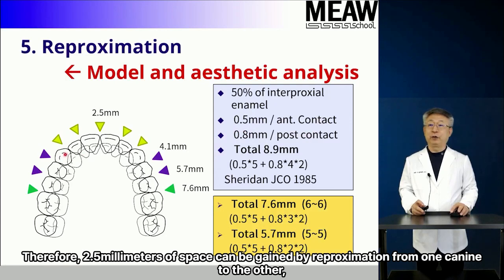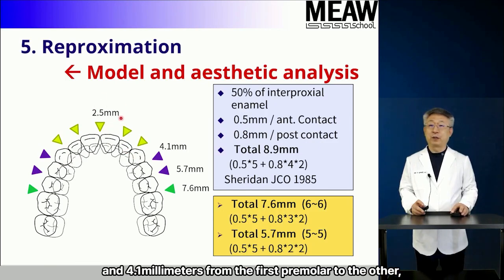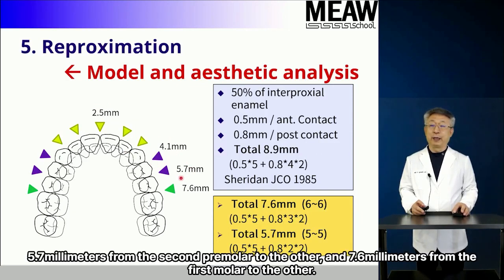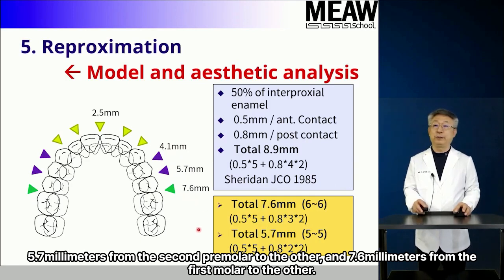Therefore, 2.5 mm of space can be gained by reproximation from one canine to the other, and 4.1 mm from the first premolar to the other, 5.7 mm from the second premolar to the other, and 7.6 mm from the first molar to the other.